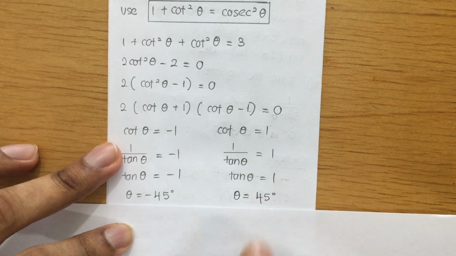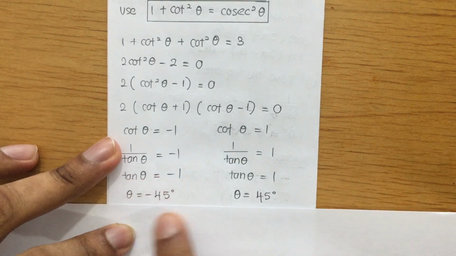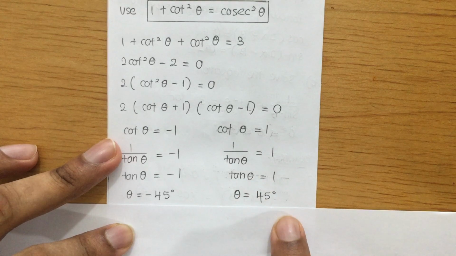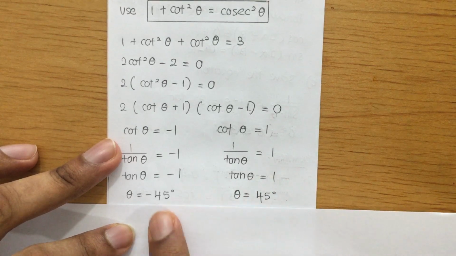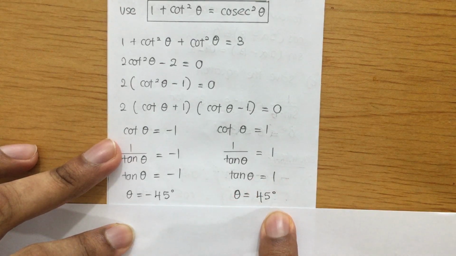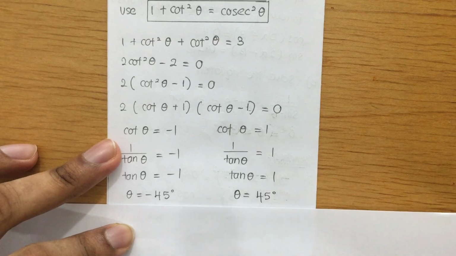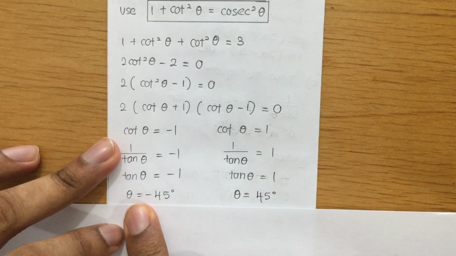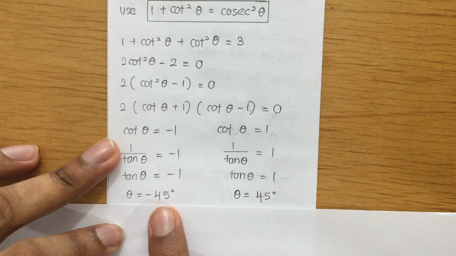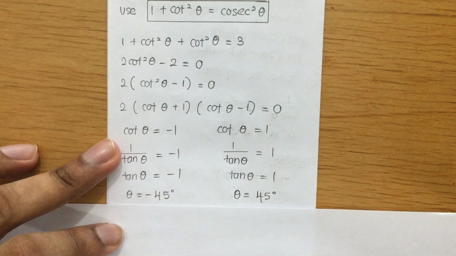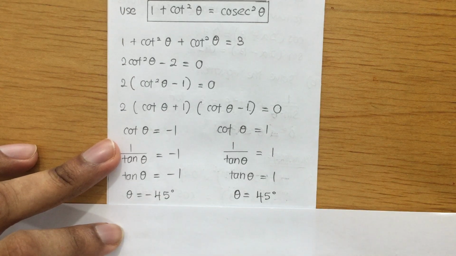But that's not the end of the answer, guys. You still need to find the respective quadrant values. You need to know in which quadrants tangent theta is positive: the 1st and 3rd, guys. Whereas for this -45 degrees, it is the 2nd and 4th. So remember, guys, All Science Teachers Crazy. The T stands for tangent theta.